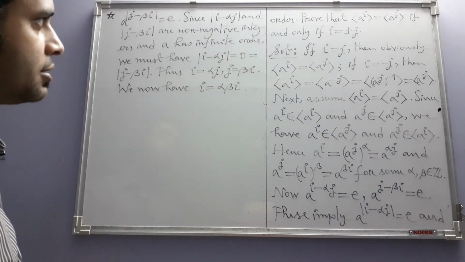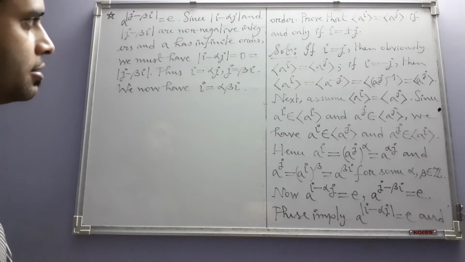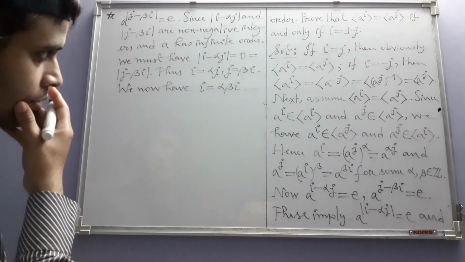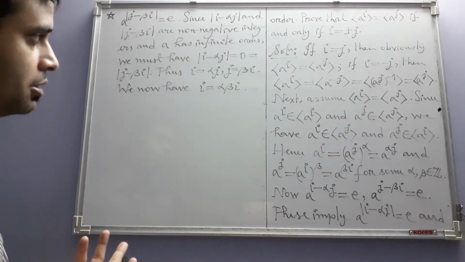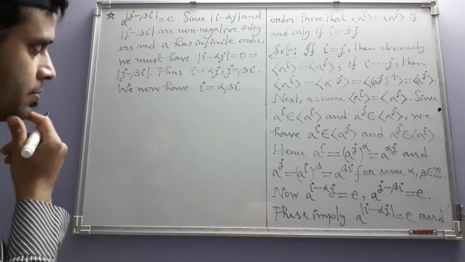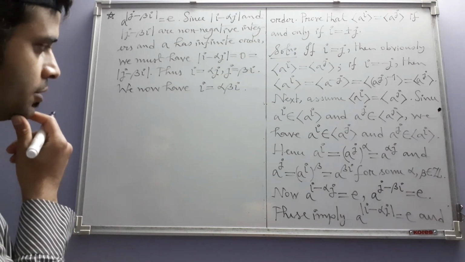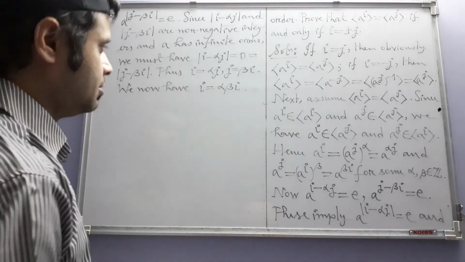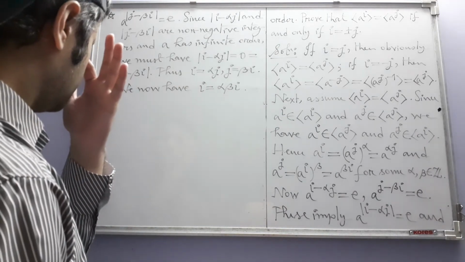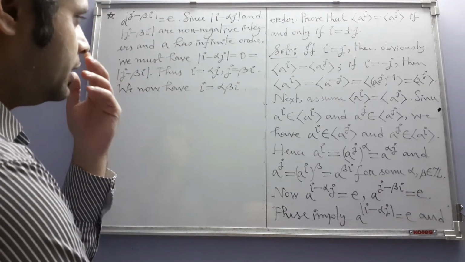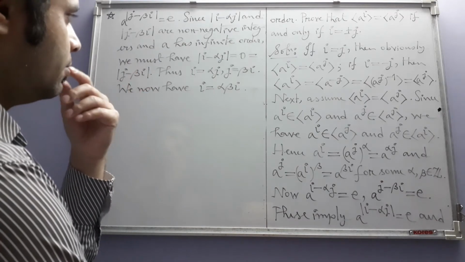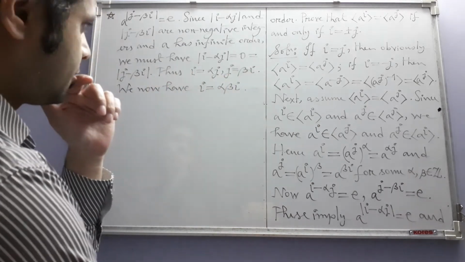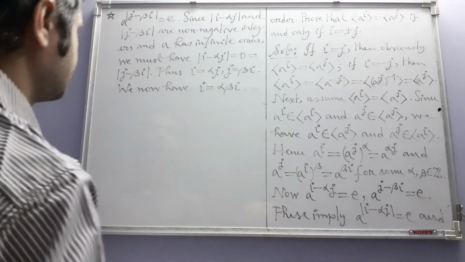Now what happens if i is 0? Beta can also be 0, no? No, I mean i can be 0 and alpha can be 0 without making j 0. Oh, but if i is 0, then j also has to be 0. Okay, yes.